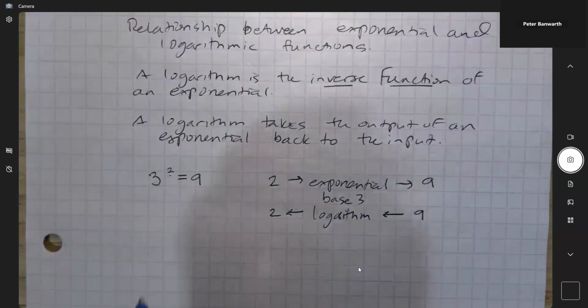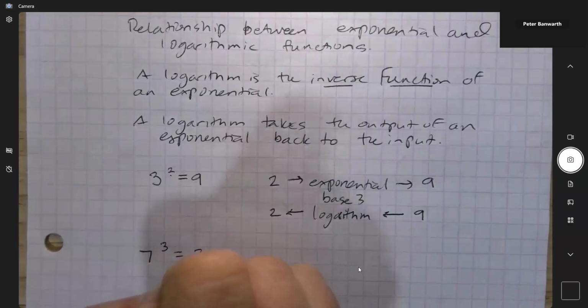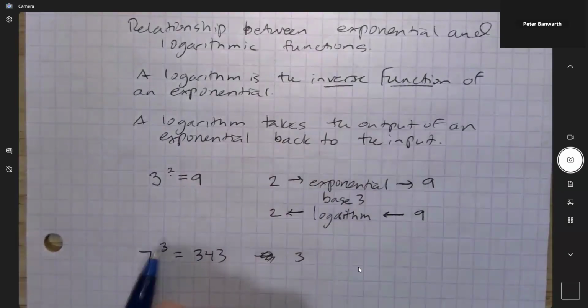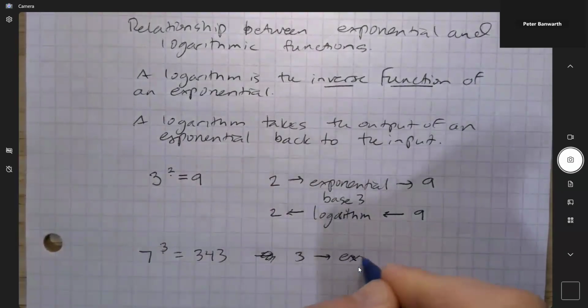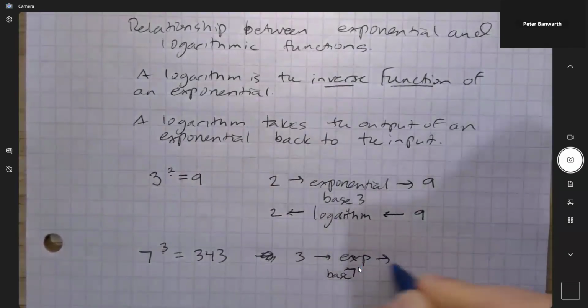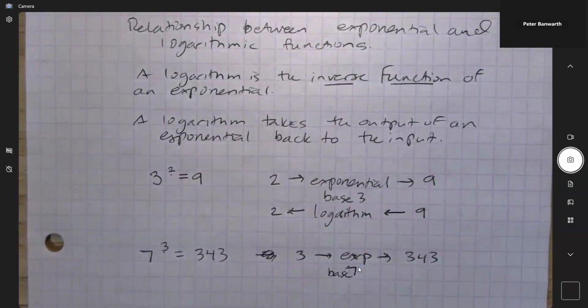Let me do another one. 7 cubed equals 343. That means that the 3, which is the power, that's the input, goes through my exponential with base 7 and comes out at the output 343.